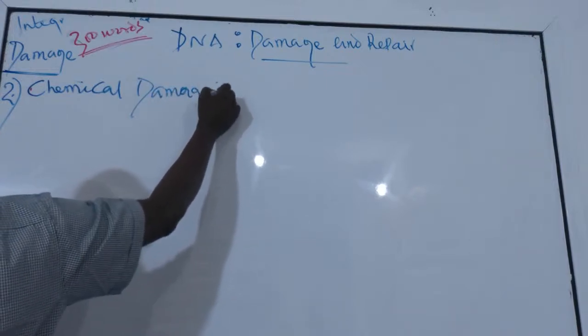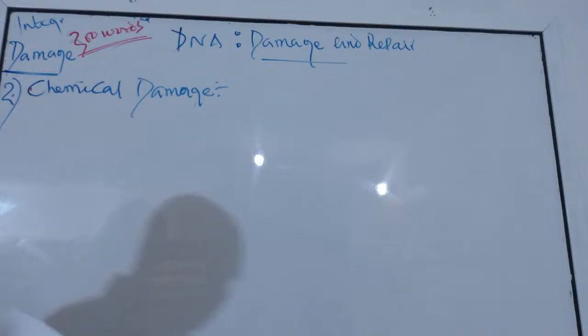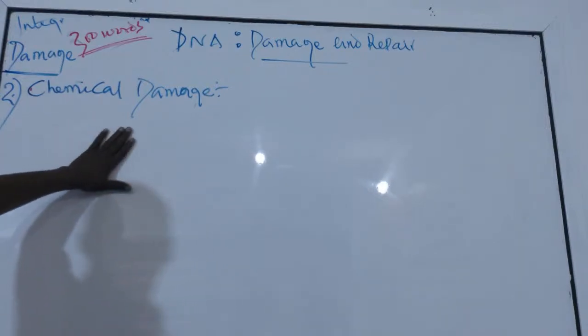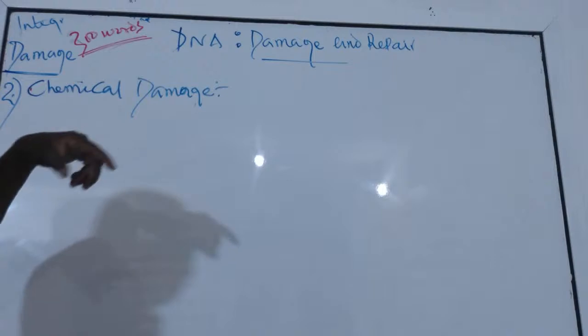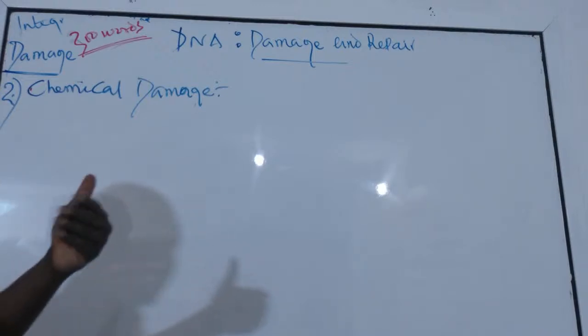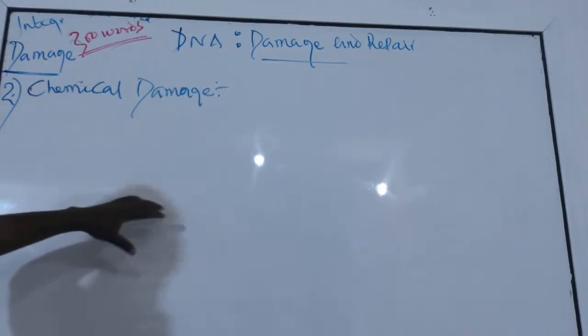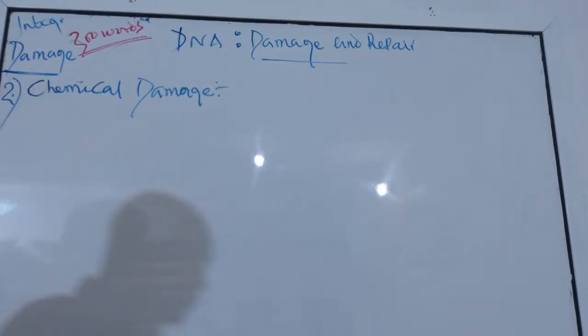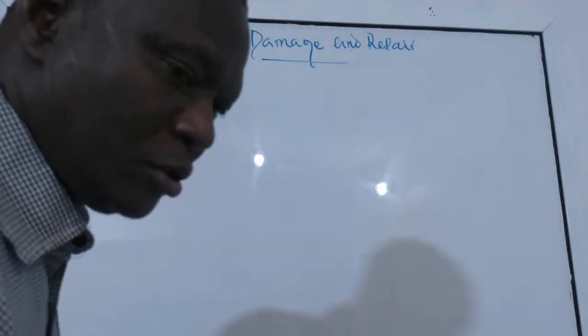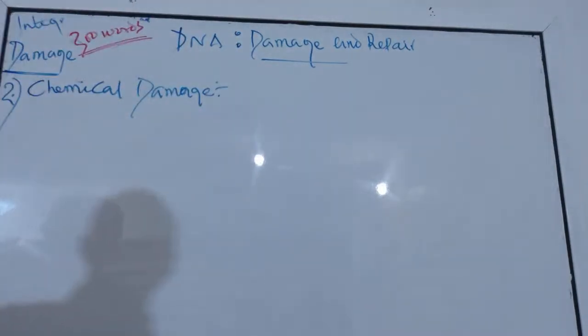Because the first one has to do with damage that is a kind of structural damage, physical damage that you can see. When dimers are formed, you will see it there. It's something you can see on that DNA. And when 8-oxo-G is formed, that is also very visible.